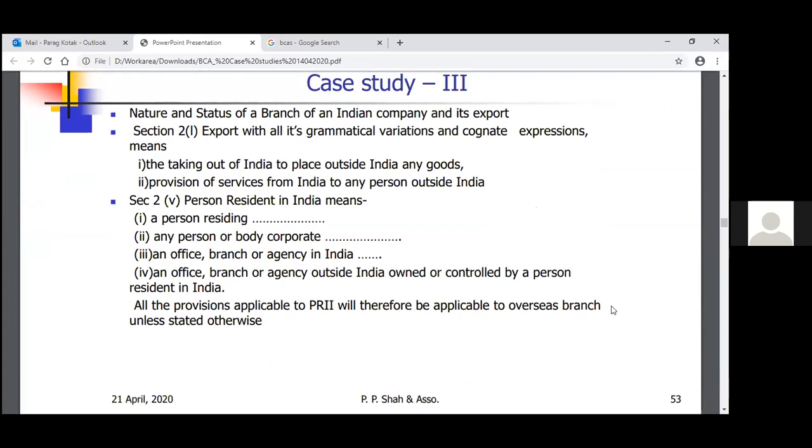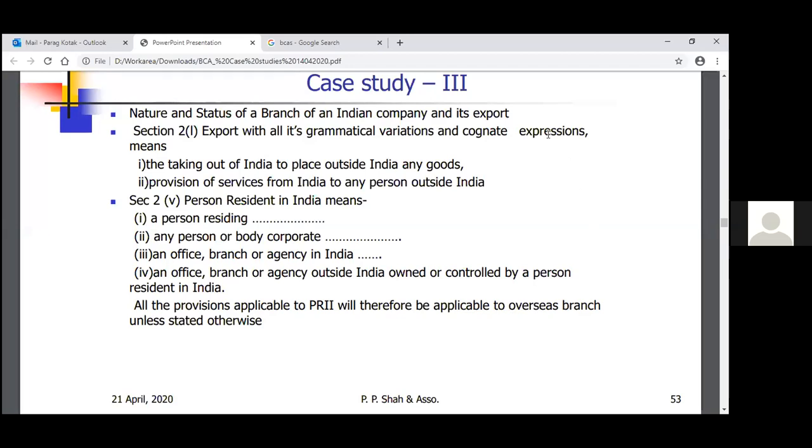Therefore, goods have gone outside India to the branch. Therefore, export of goods is considered as export of goods, although the branch is a resident entity. So it's basically an export from one entity to another entity. If you consider the branch as an entity, both are resident, but it will be treated as an export because it is satisfying the definition of export.